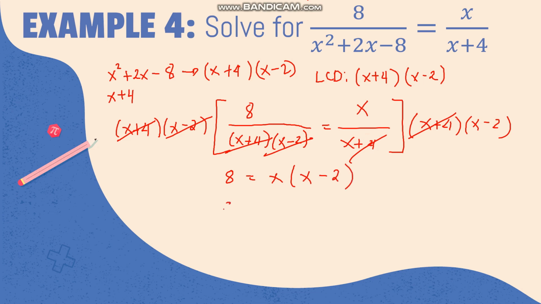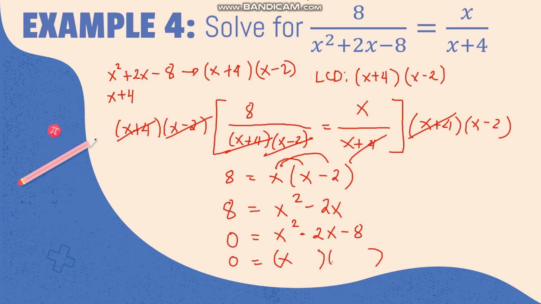So simplify this, we have 8 equals, distribute, x squared minus 2x. Now we cannot combine x squared and negative 2x, so what we will do is move 8 to the other side and equate to 0. So 0 equals x squared minus 2x minus 8. Now that we have a quadratic equation, we factor so that we can solve for the values of x.